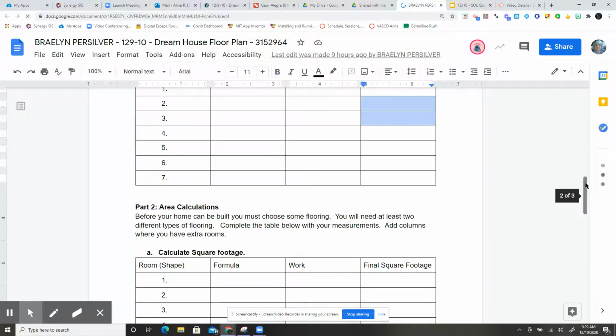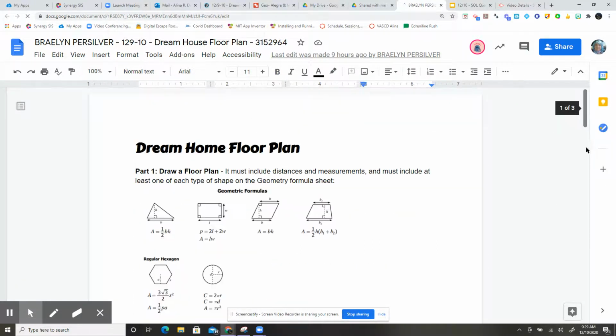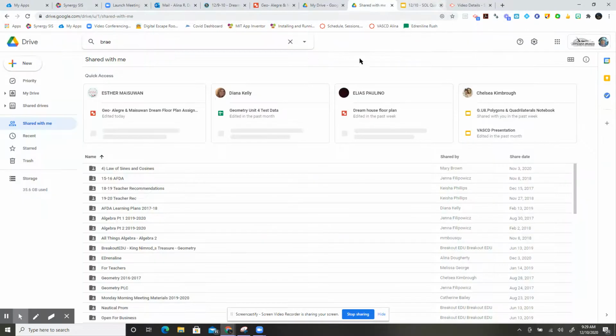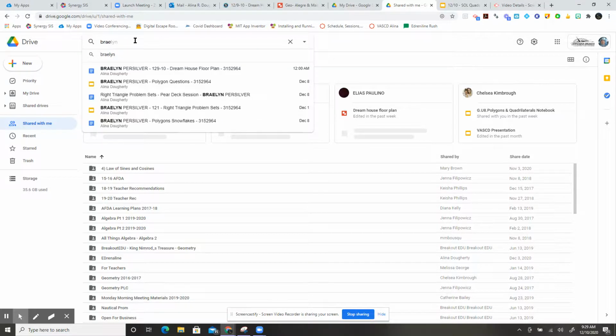Like it's a separate Google Drive? I just shared it. I can put the link where you're supposed to put the drawing. That'll work. That would be great. For whatever reason, when I search you in my Google Drive, I can't see it. Okay, I'll put the link in it.